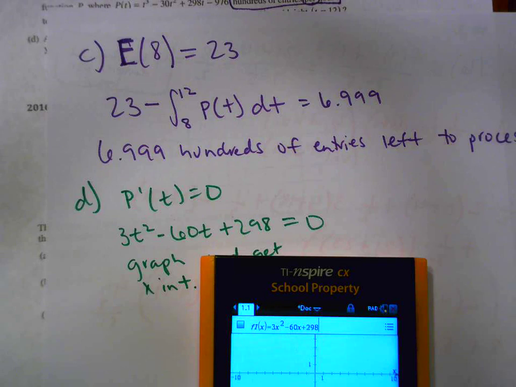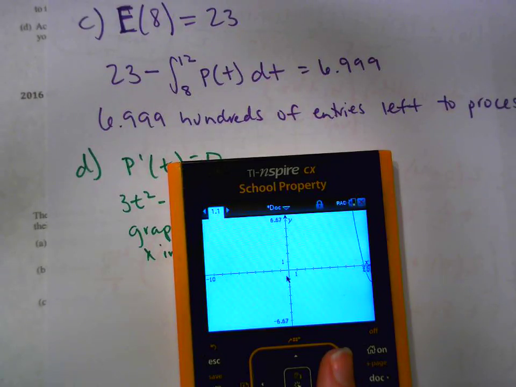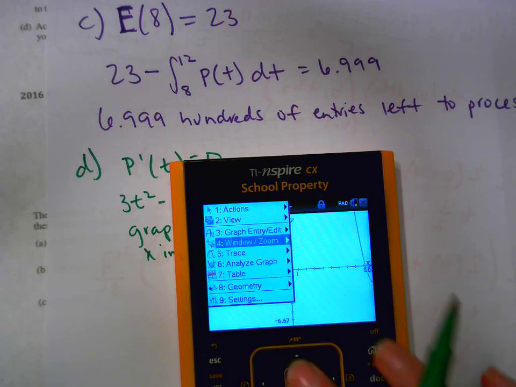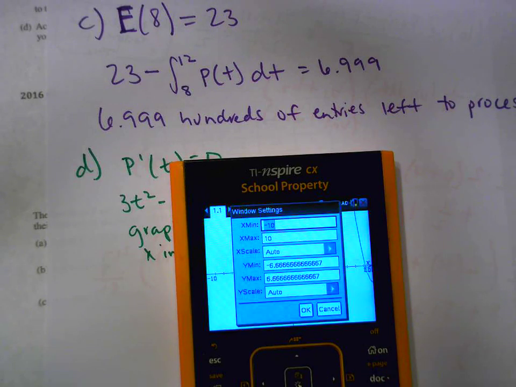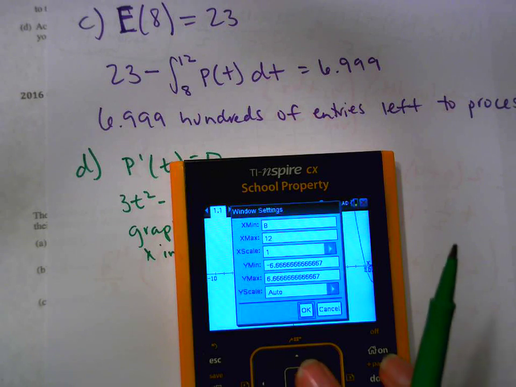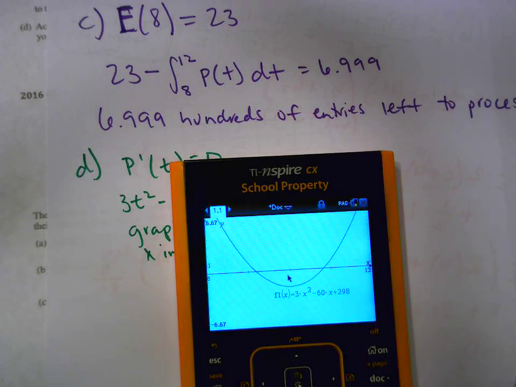So I'm going to have to scoot over my window. So I'm going to go to Menu, Window Zoom, Window Settings. I'm going to make my X-min 8, because my interval goes from 8 to 12. I think I go by 1 just because I want to. I'm not going to change my Y just yet because I'm not sure what it should be at.